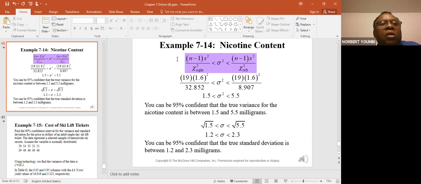So the degree of freedom of 19 times the standard deviation squared divided by chi-square right, 32.852. We will get a confidence interval for the variance as 1.5 less than sigma squared less than 5.5. Taking the square root of both sides, we get 1.2 less than sigma less than 2.3. You can be 95% confident that the true standard deviation is between 1.2 and 2.3 milligrams.